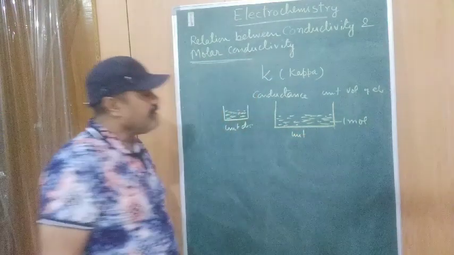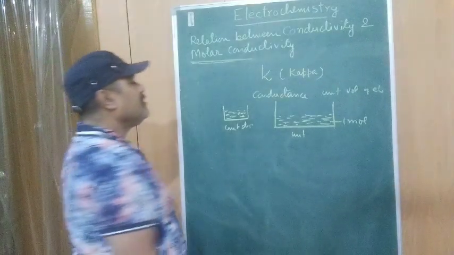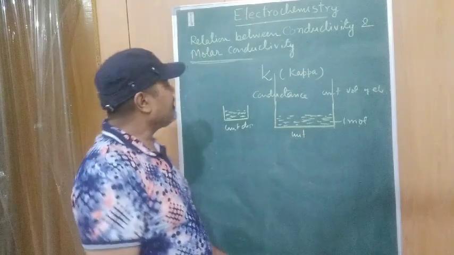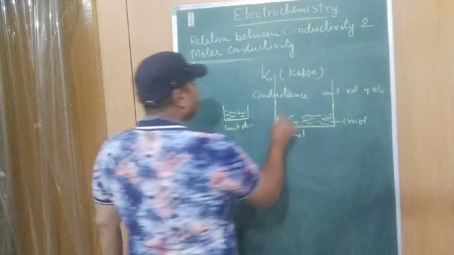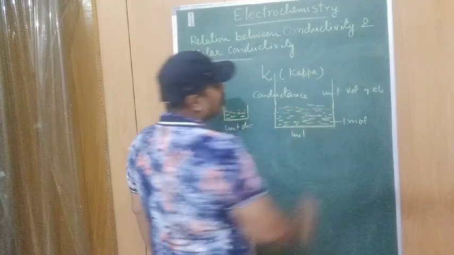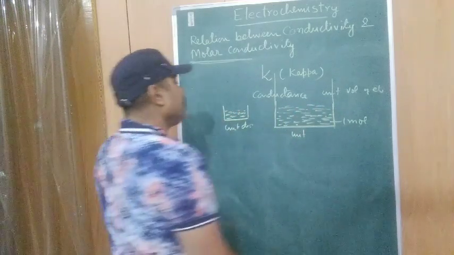Here the amount of the volume is not fixed. Here the condition is that whatever the volume is taken in between these two electrodes, it must contain 1 mole of the electrolyte.